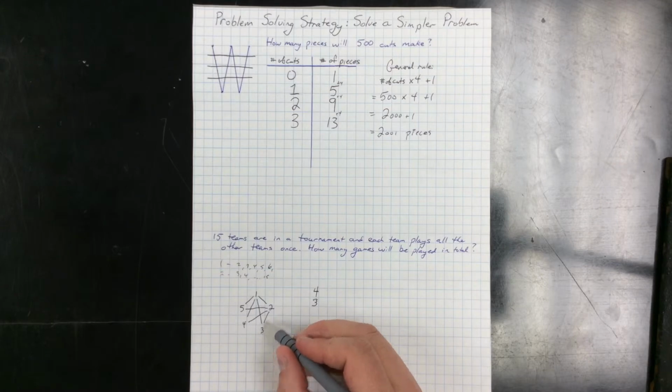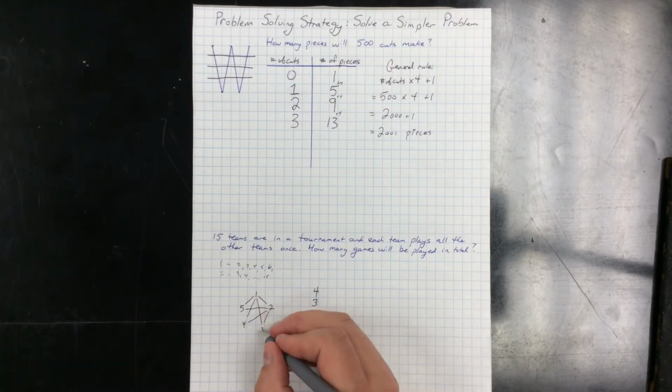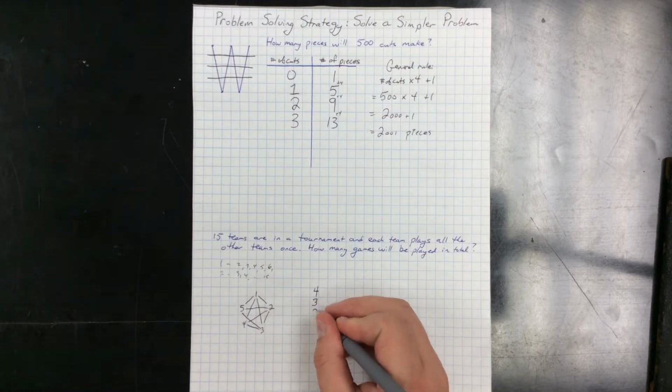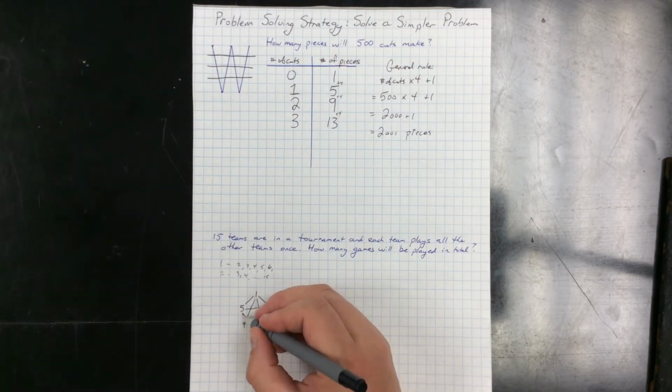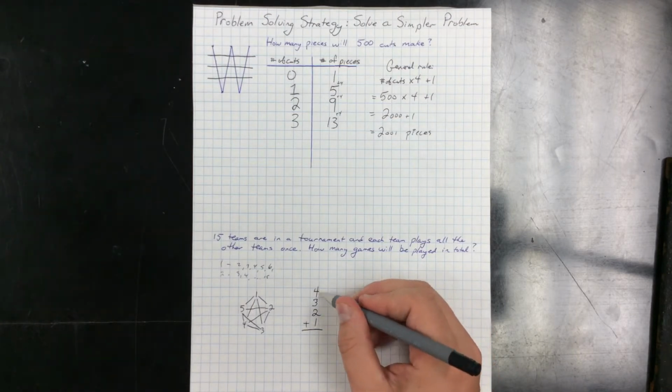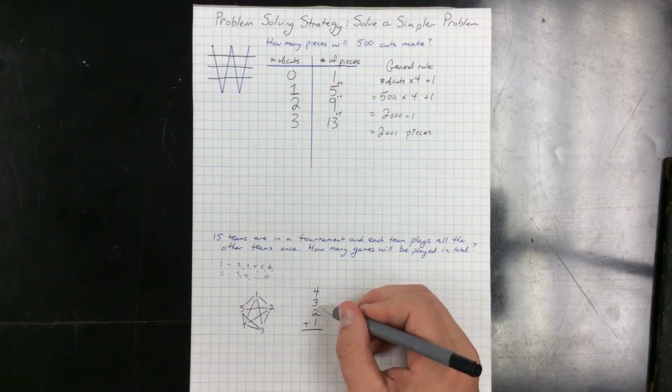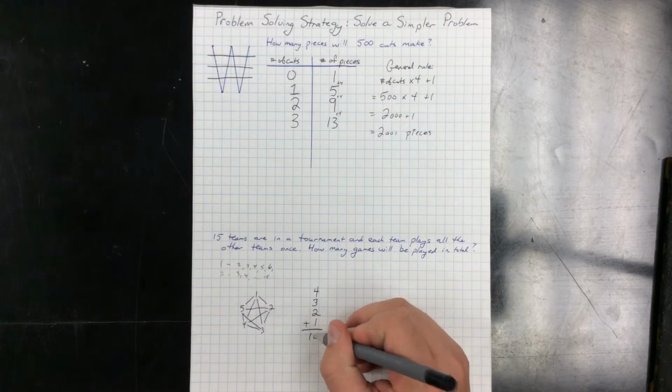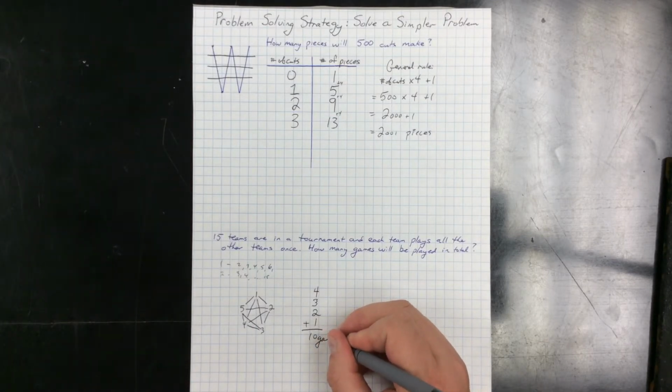Team 3 has already played team 2 and team 1, so the new games they have are 1, 2. And 4 hasn't played 5, so that's their last game. Let's total it up: 4 plus 3 is 7, 7 plus 2 is 9, plus 1 is 10. We have 10 games in total.